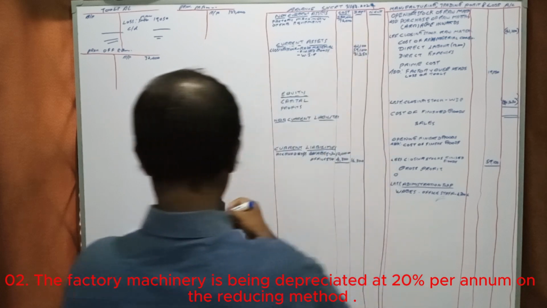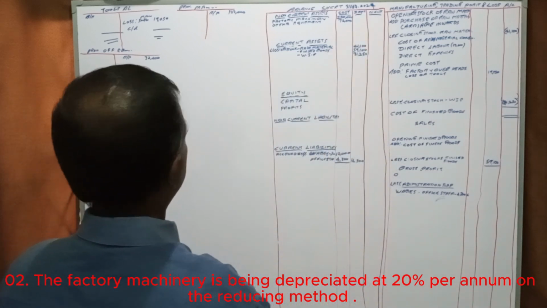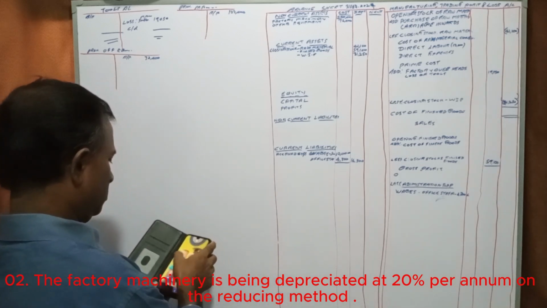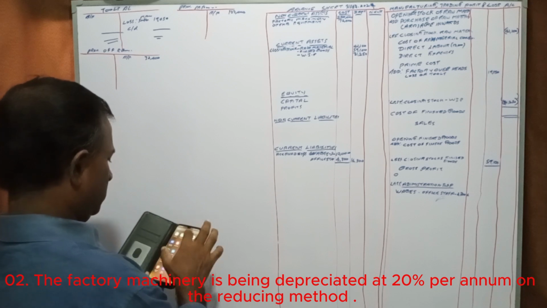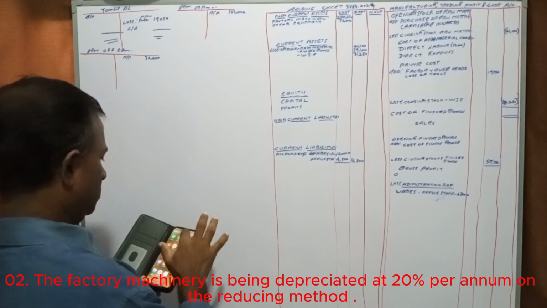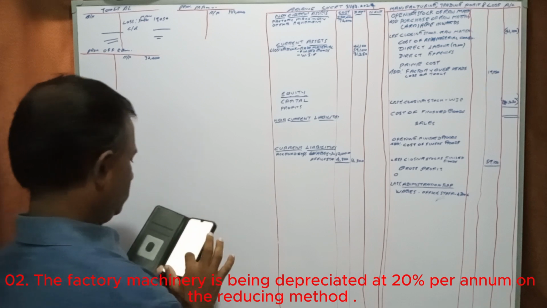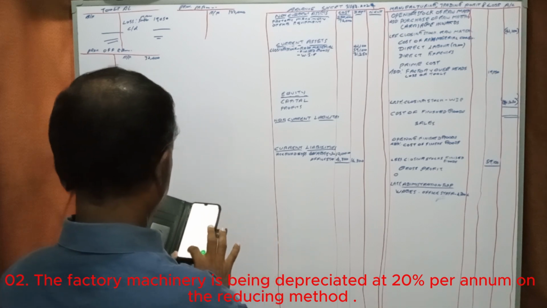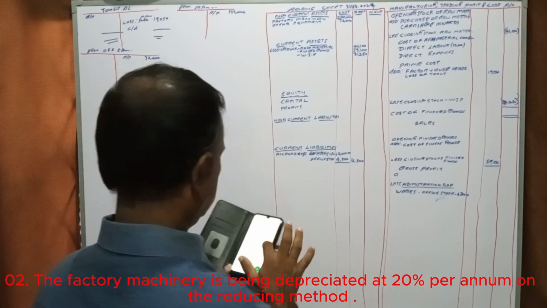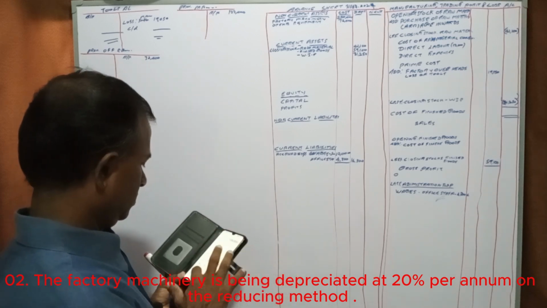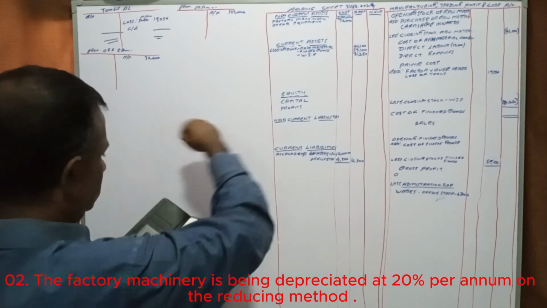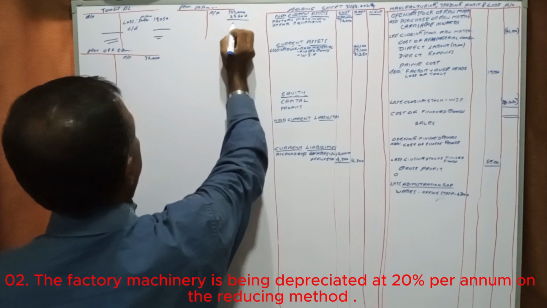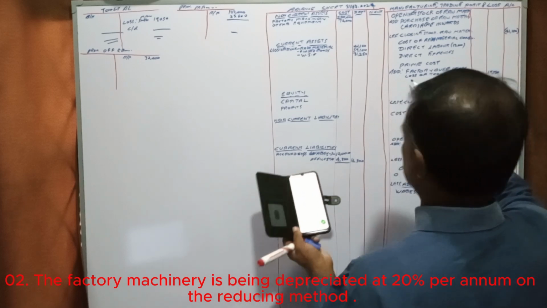Machinery cost is 250,000 minus 122,000, into 20%, that is 25,600.